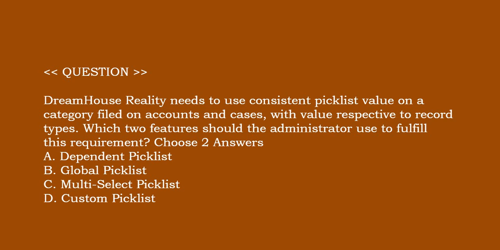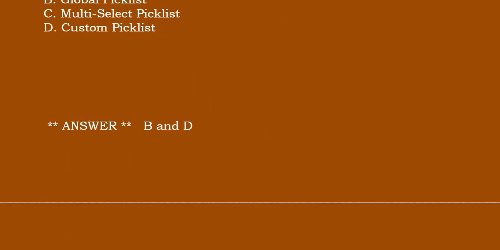Option B, global picklist. Option C is multi-select picklist. Option D is custom picklist. Correct answer is option B and D.